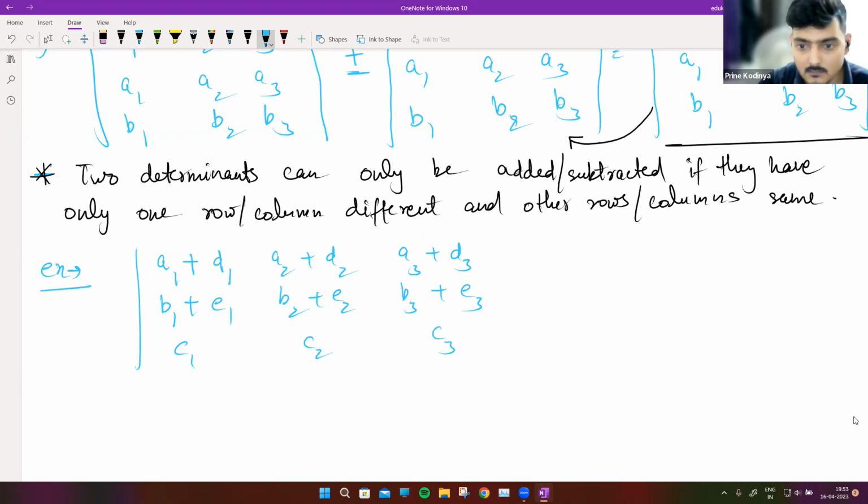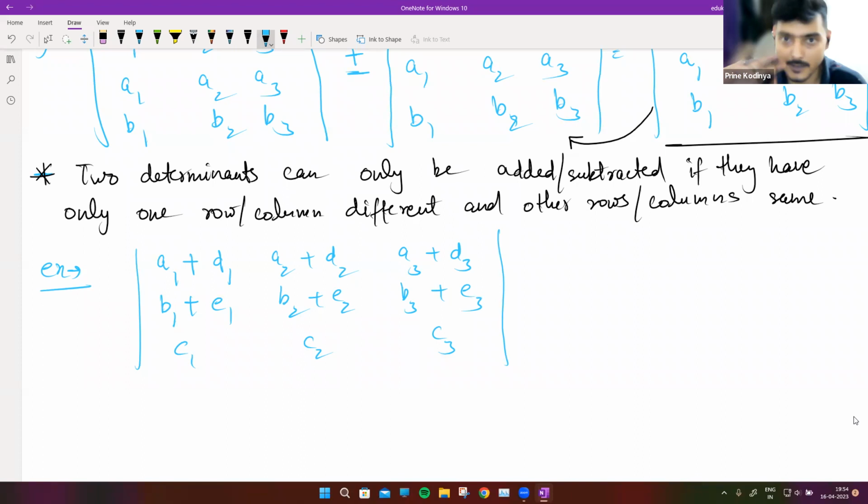This is E. Don't get confused between E and C. Now, what I'm trying to do is break this determinant. So how can I break this? If I want to break this, I will have to take two rows or two columns exactly the same.